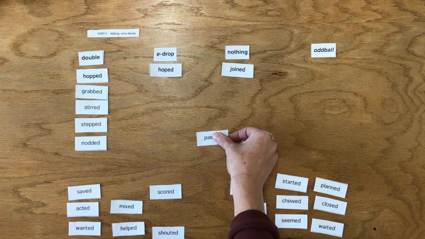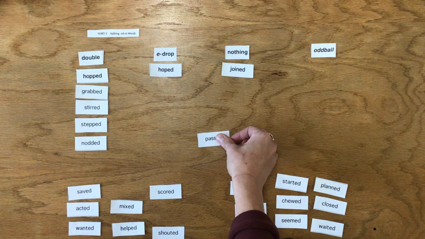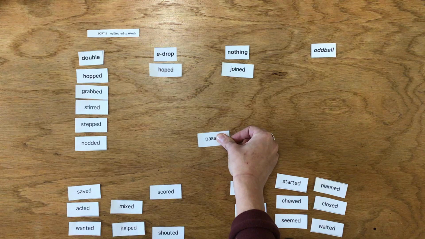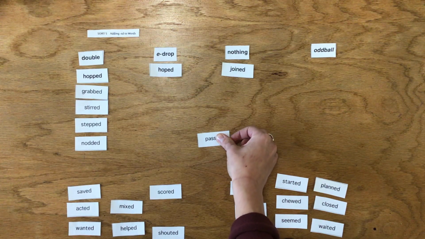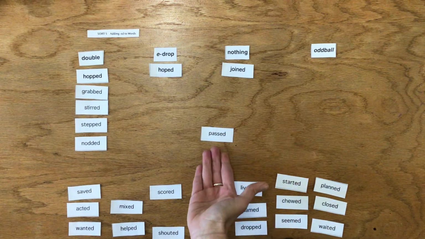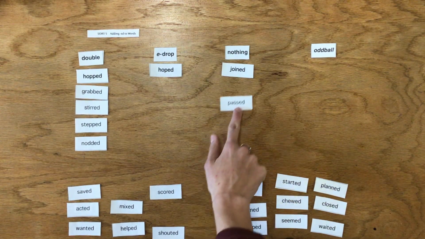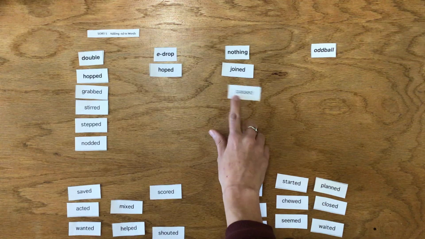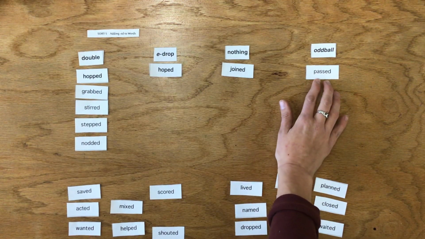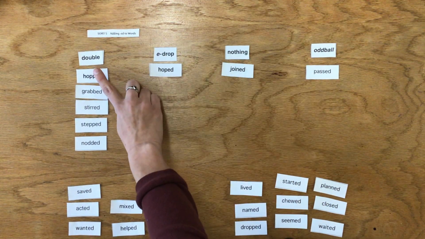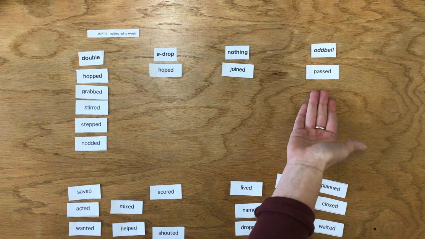But that's not how we spell pass. We spell pass like this, with two s's. So in order to add an ed, we just leave it alone. Nothing happens. We just add an ed. So that could be in nothing. It might be an oddball, though. We'll put it in the oddball because it looks like it's a double, but really nothing happens.